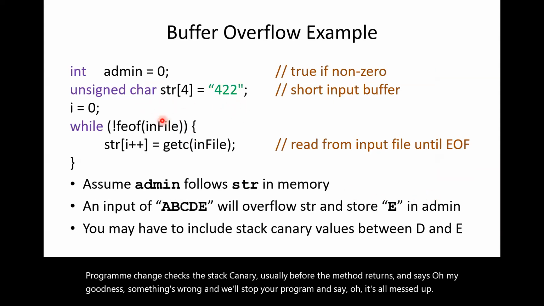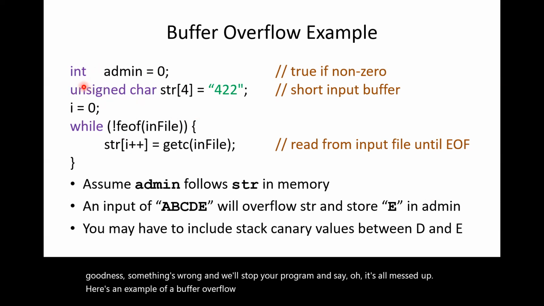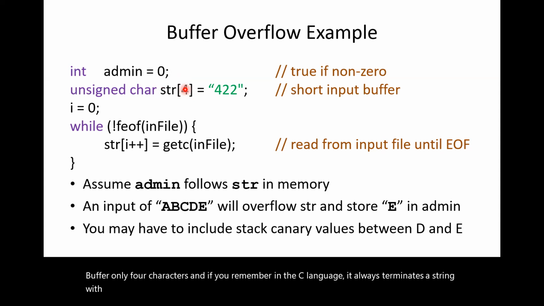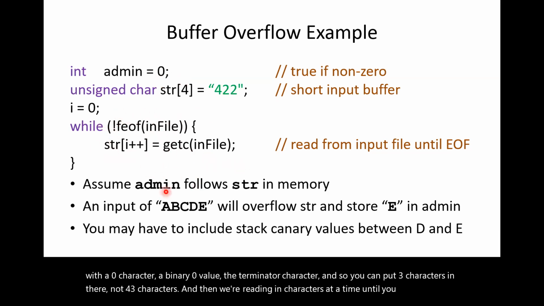Here's an example of a buffer overflow. We've got a very short buffer, only 4 characters. If you remember, the C language always terminates a string with a 0 character, a binary 0 value, the terminator character. And so you can put 3 characters in there, not 4, 3 characters. And then you're reading in characters at a time until you get to the end of the file.